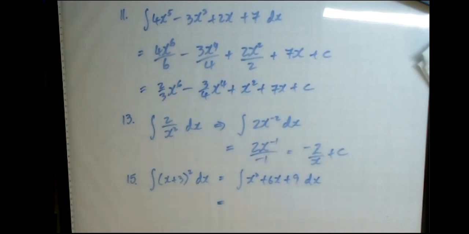So you get x cubed over 3 plus 6x squared over 2 plus 9x plus c. So x cubed over 3 plus 3x squared plus 9x plus c. Okay.